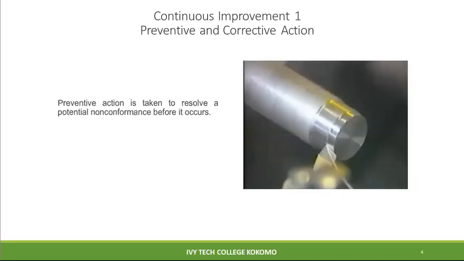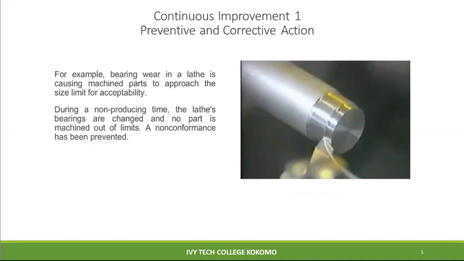Preventive action is making sure we take measures so that we don't have any defects or non-conforming parts. For example, if a production line has size issues, during non-production time they change out some parts and get it back to performing well so that there are no bad parts.